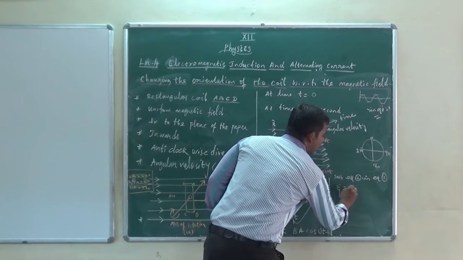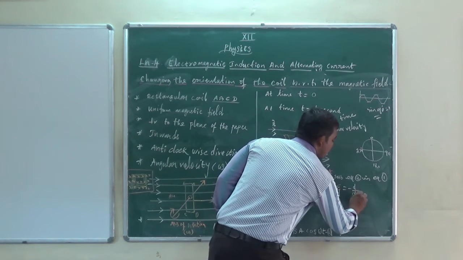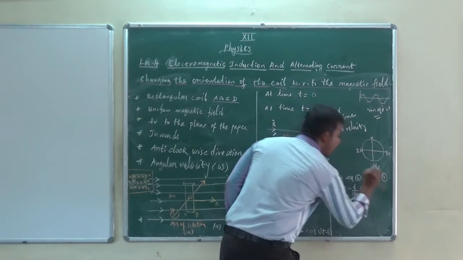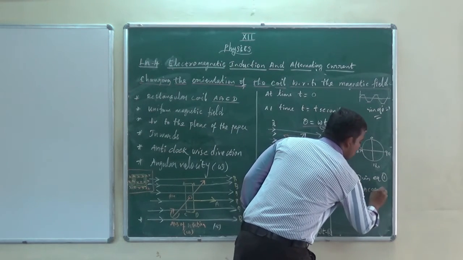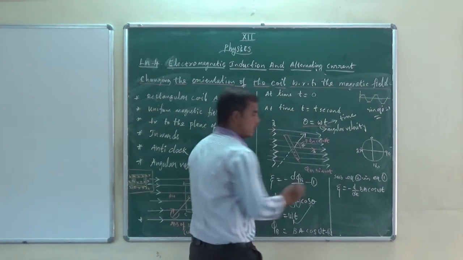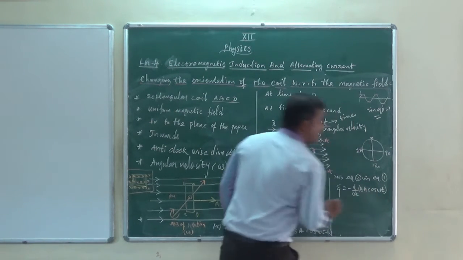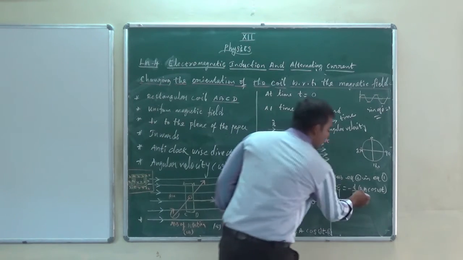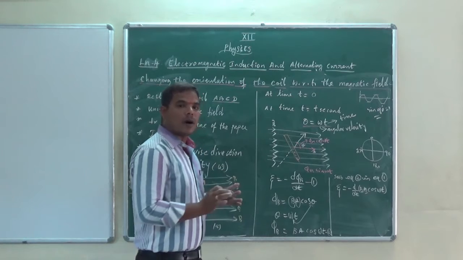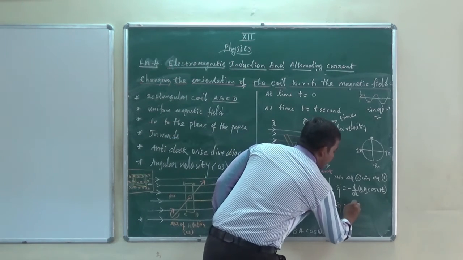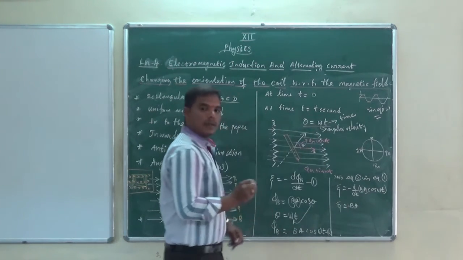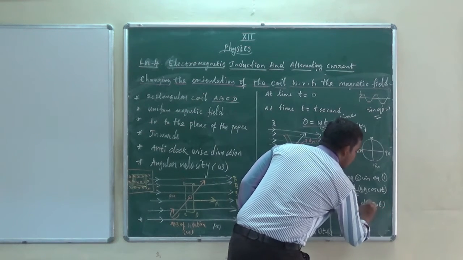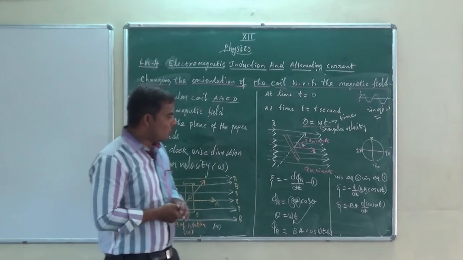The induced EMF equals minus d by dt of, instead of phi B, BA cos omega t. In this expression, the magnetic field and the area of the coil are constant. So we take BA outside and differentiate cos omega t with respect to time.